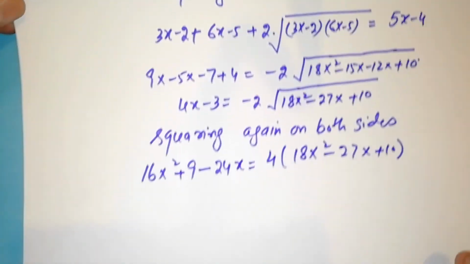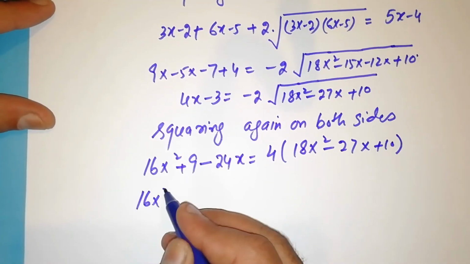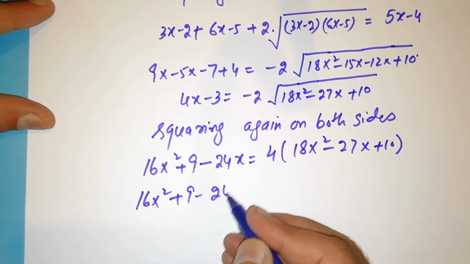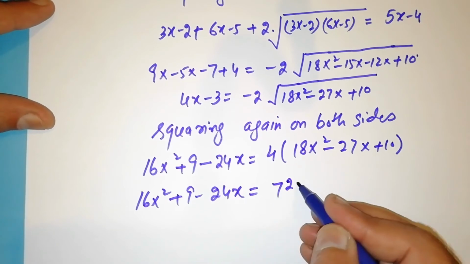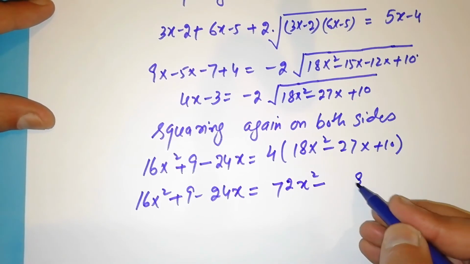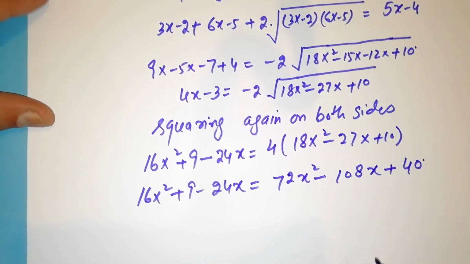Now we simplify, that is 16x square plus 9 minus 24x, 72x square minus 108x plus 40.